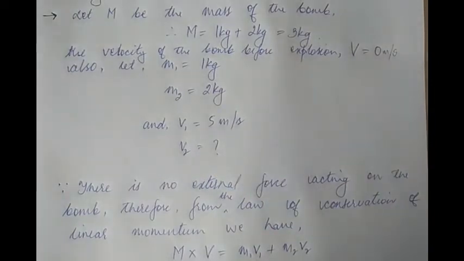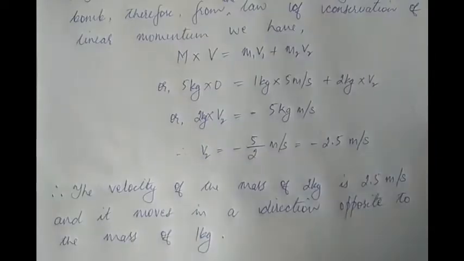Now, like I've already mentioned, since there is no external force acting on the bomb, from the law of conservation of linear momentum, we know that the momentum of the system before explosion should be equal to the momentum of the system after explosion. We only need to substitute the values then.